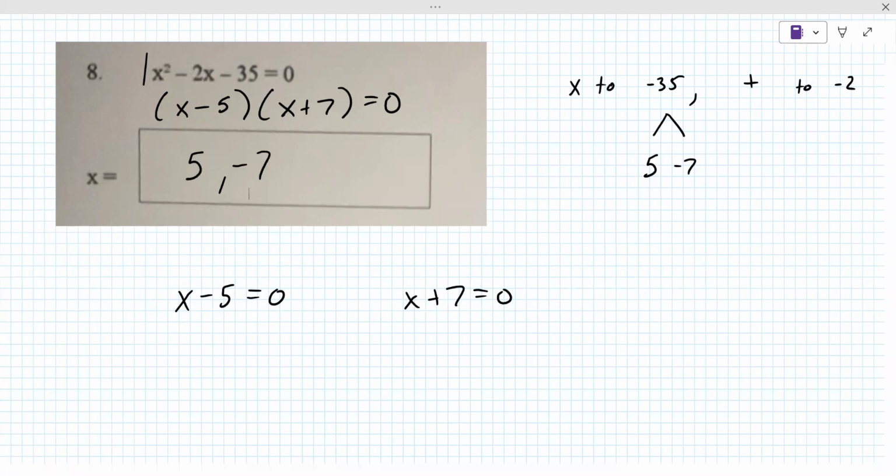All right, let's see if I can find another one kind of like this. All right, so let's actually look at 11 next.